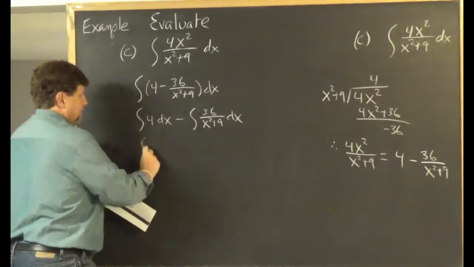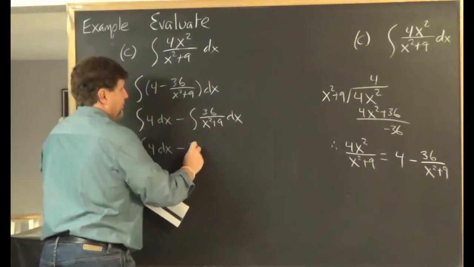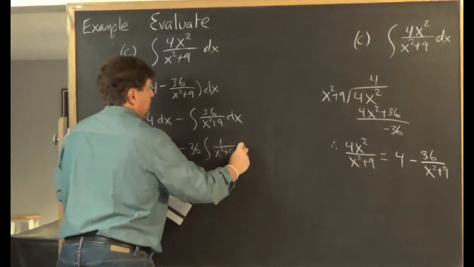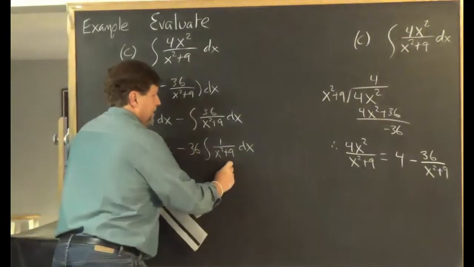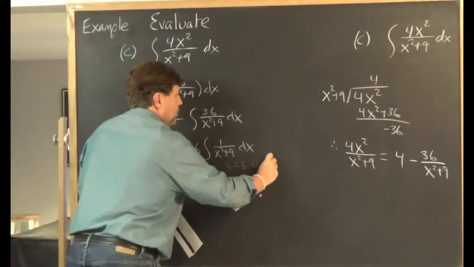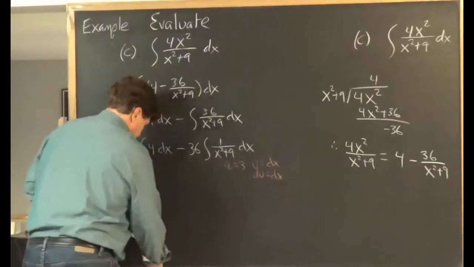In fact, if I pull the 36 out front, I do see that this is an inverse tangent, just like in part A. a is 3, u is x, du is dx.